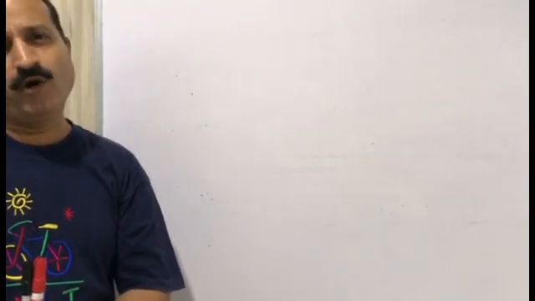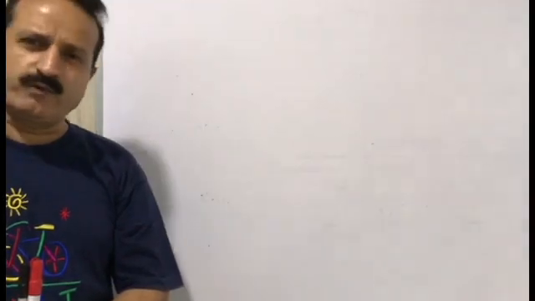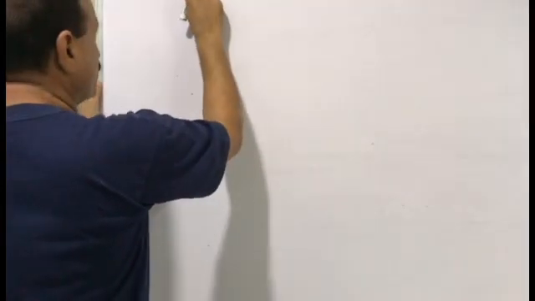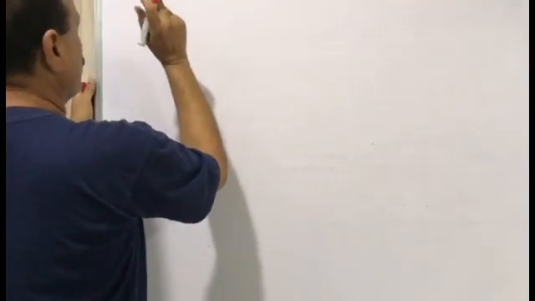The number of unpaired electrons will decide how much the magnetic property is. So today we are going to discuss an octahedral structure containing complex compound.